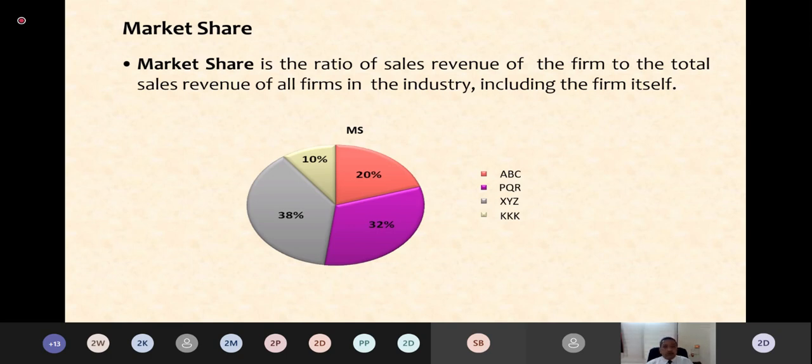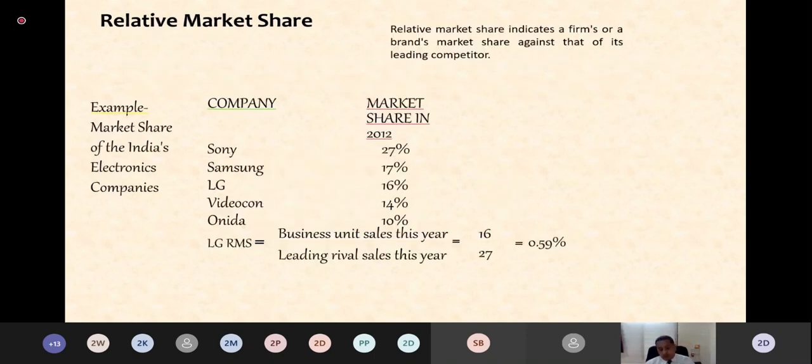Secondly, we also have to understand what is called relative market share. In short, it is when we compare our market share with some company which is leading in the particular industry.